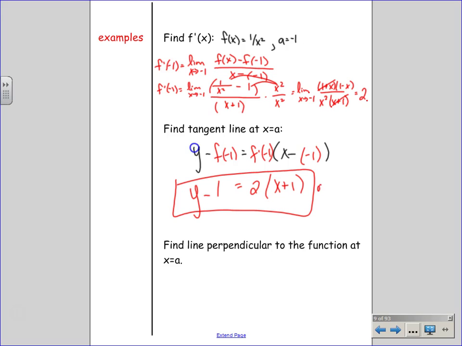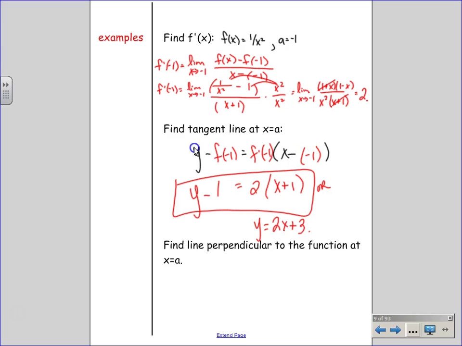If you were matching it, you might need to get y by itself. Guys, double check my math. Wouldn't it be 2x plus 2 plus 1 plus 3? Is that right? Okay. Now, hold on. What on earth would we do if they said instead of finding the tangent line, find the line perpendicular to the function at x equals a? Perpendicular to the function?